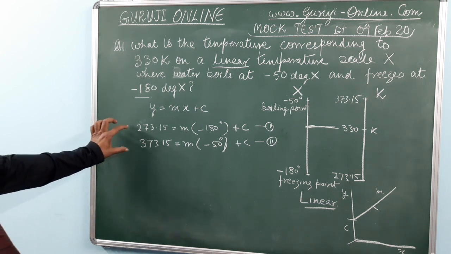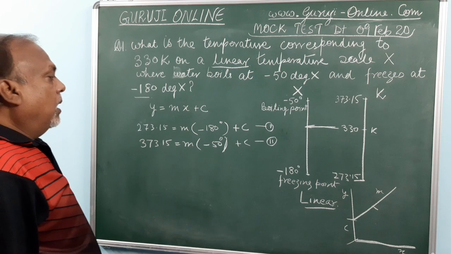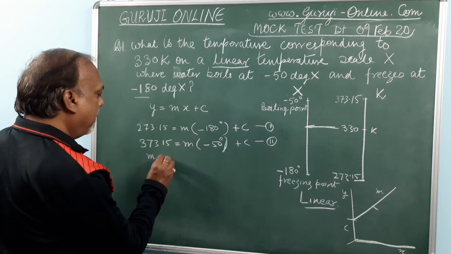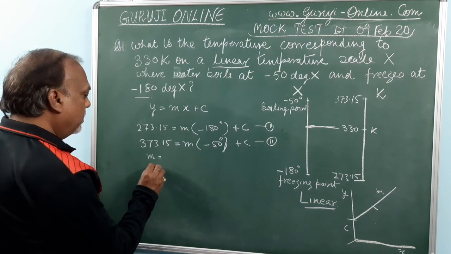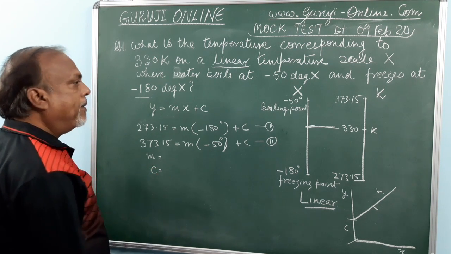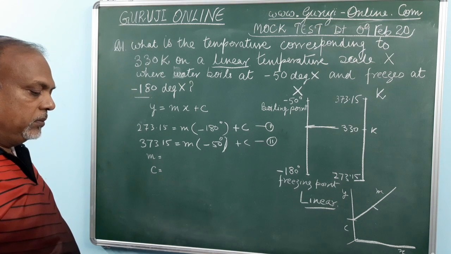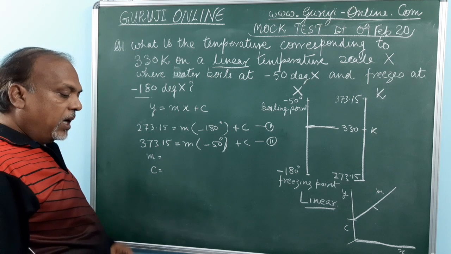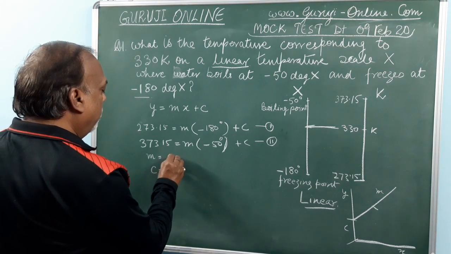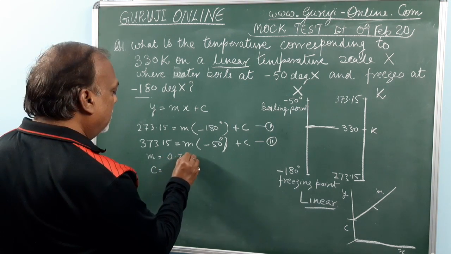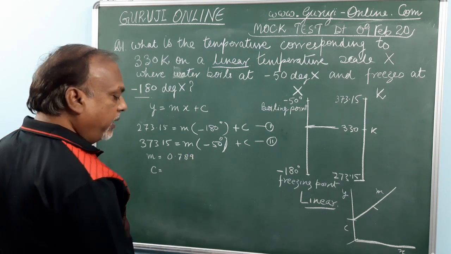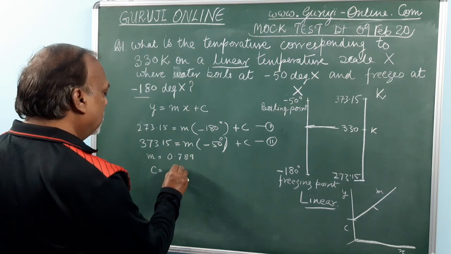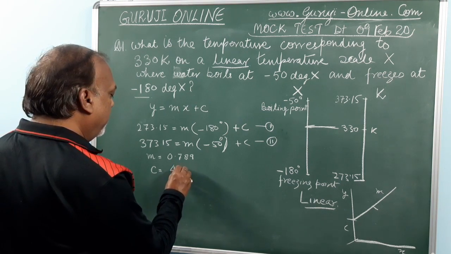From these two equations, we can find out m and c. This m will come as 0.789 and c will come as 411.